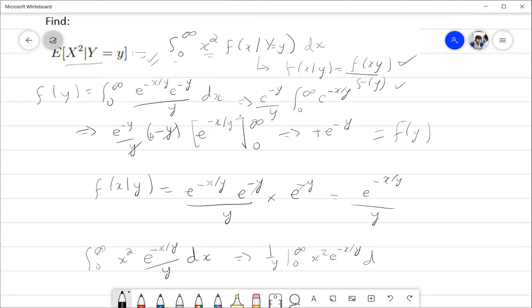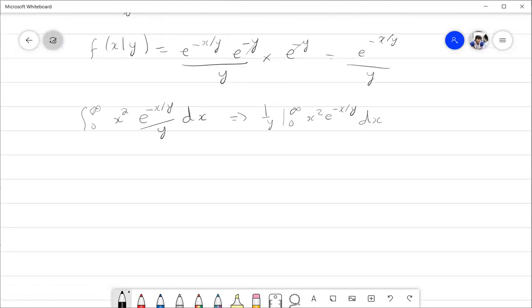I know for a fact I can solve this using integration by parts. We can do this again, like u is equal to x square, u dash will be 2x, v is equal to minus x upon y, and v dash will be the integral, which is minus y e to the power minus x upon y, right?